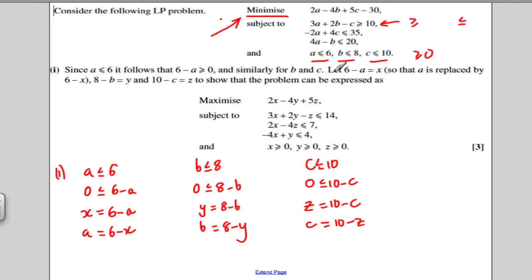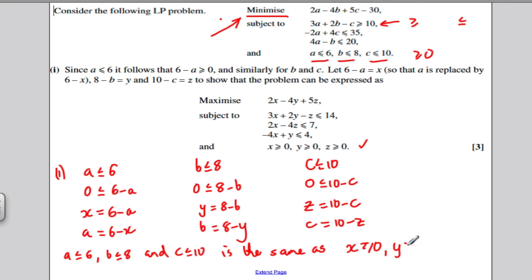Okay? And now you've done this part of the constraints. You can say that a less than or equal to 6, b less than or equal to 8, and c less than or equal to 10 is equivalent to x bigger than or equal to 0, y bigger than or equal to 0, z bigger than or equal to 0.